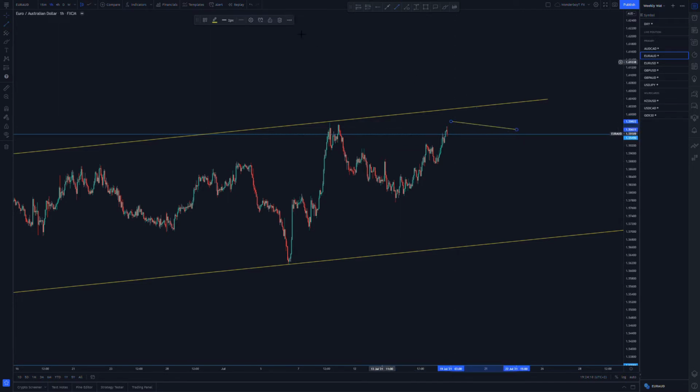We'll see whether we're going to react from here and then maybe something like this, then sell off, or continue to form maybe a structure like this. Then you can take some entries around these areas and take it to the downside.